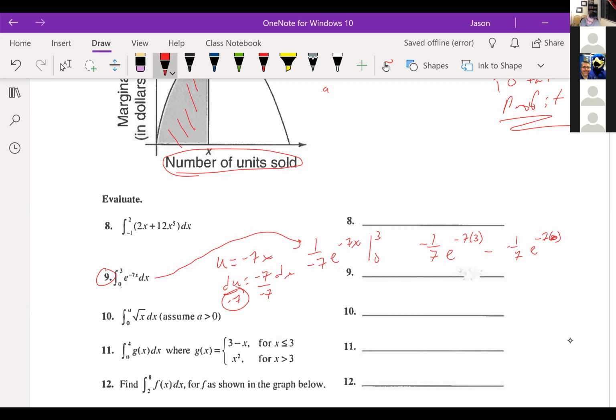Okay, this e to the 0 power is 1, right? So this is going to be plus 1/7. So this is negative 1/7 e to the negative 21 plus 1/7. I could factor out the 1/7, and I would get 1 minus e to the negative 21st power, or 1 over e to the 21.